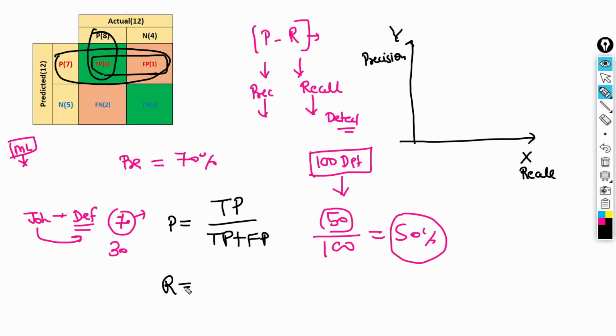And recall is a detection rate. It means these are the actual positive cases, and how many correct positive cases is my model able to detect? It means TP divided by total P, which is TP plus FN.